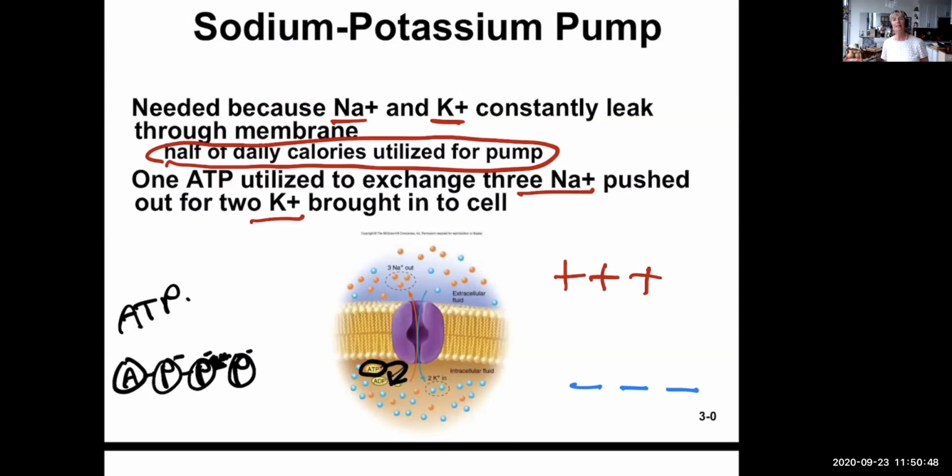Indeed, it will break spontaneously. That last bond will break spontaneously, producing ADP and the little inorganic phosphate.